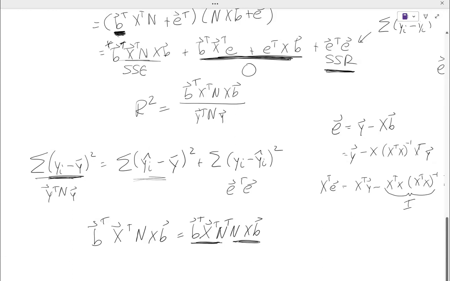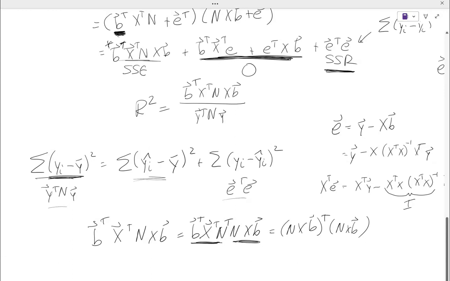So this is the same thing as NXB transpose times NXB. Okay. So notice that this has the exact same form as these other things did, right? So this is giving us a sum of squares of something, right?